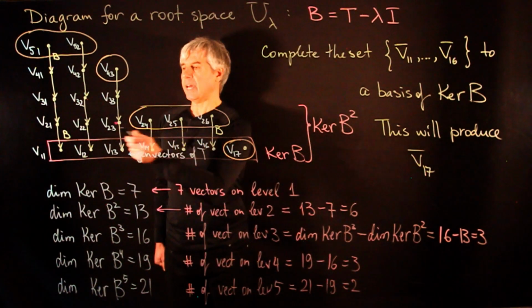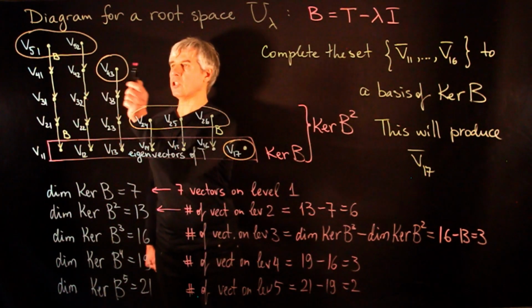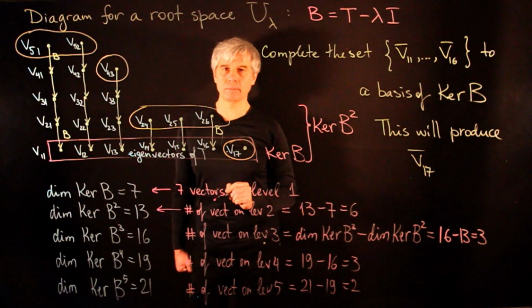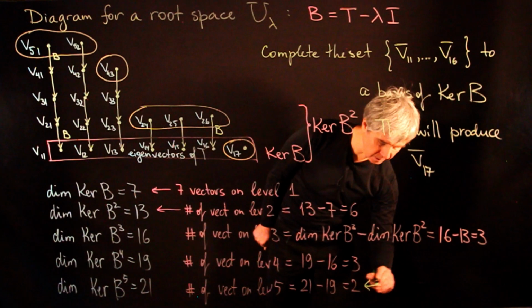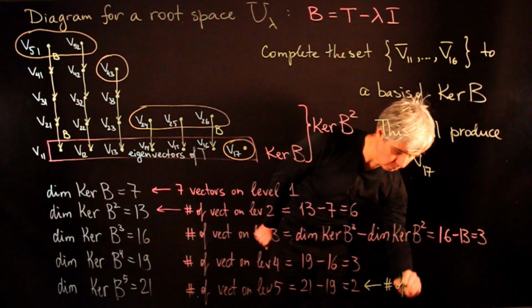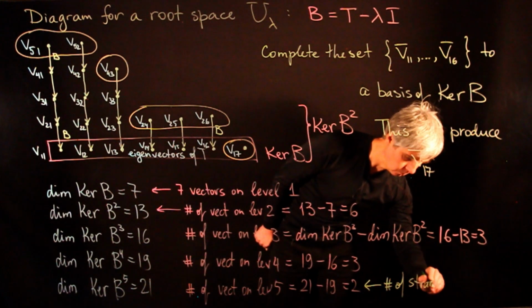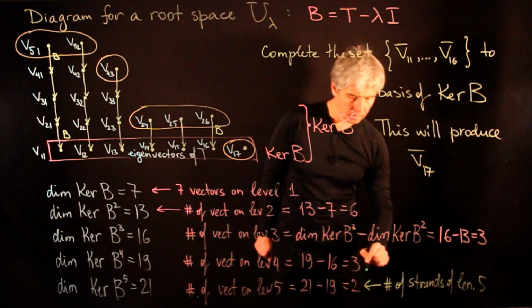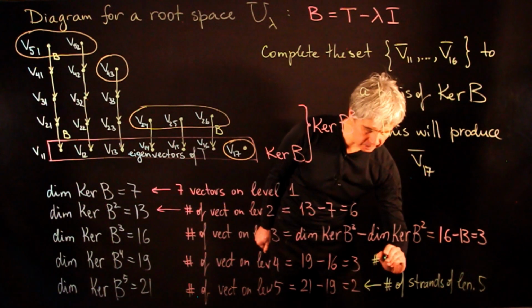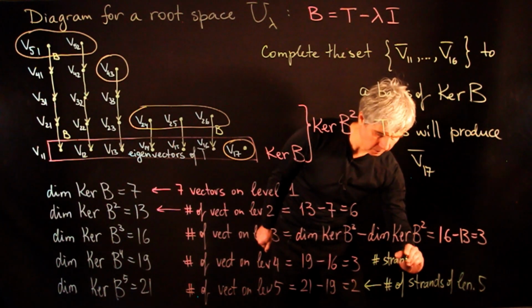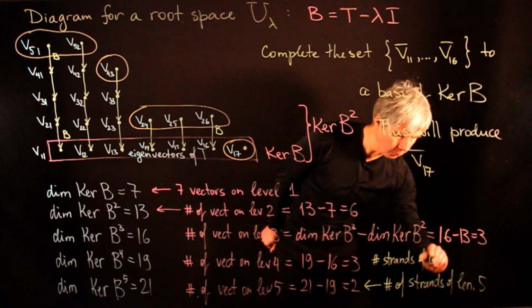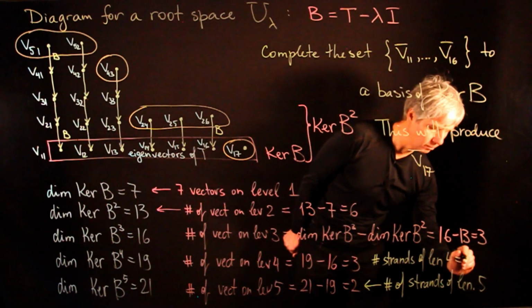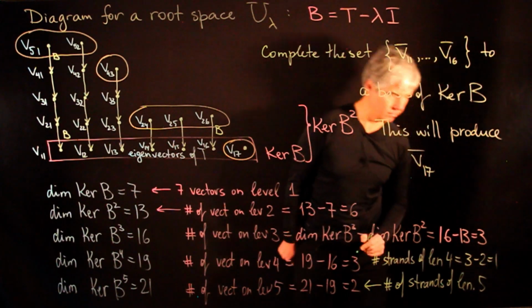And once we have the number of vectors on each level, then we can easily recover this diagram. So this 2 is the number of strands of length 5. Then the number of strands of length 4 is equal to 3 minus 2, which is 1.